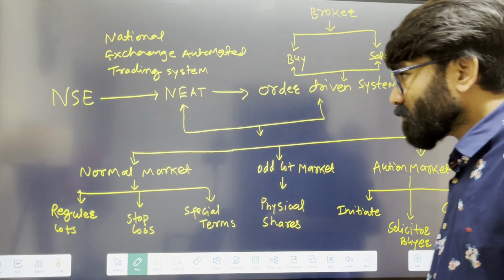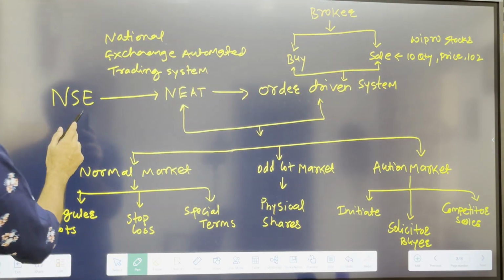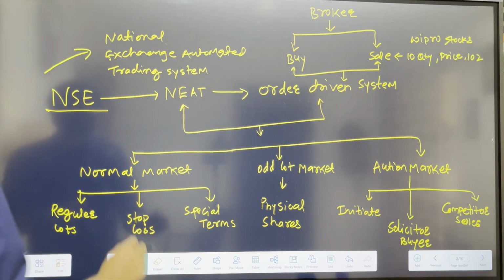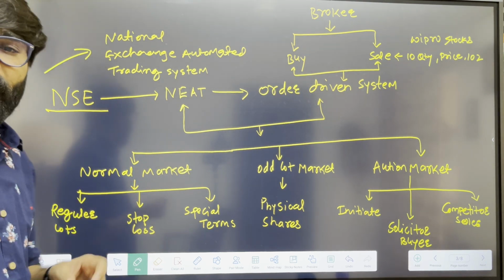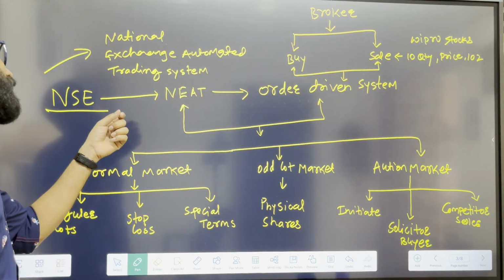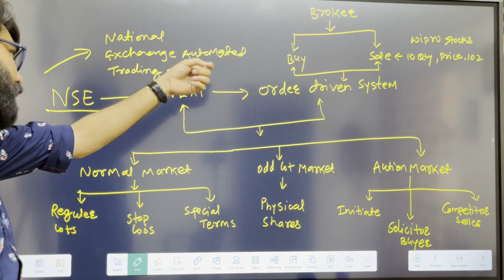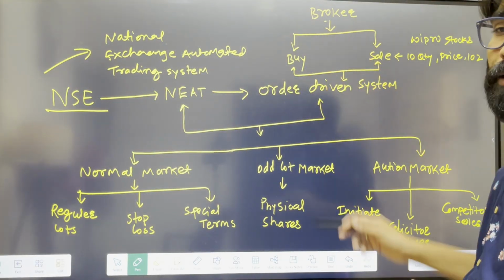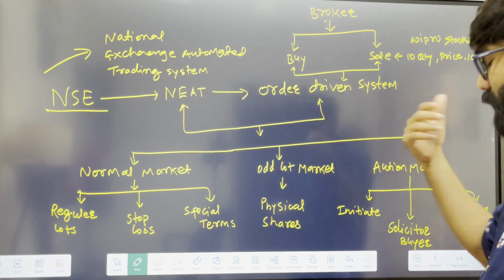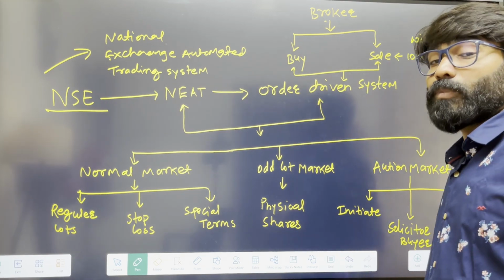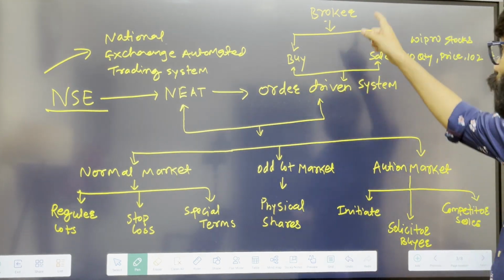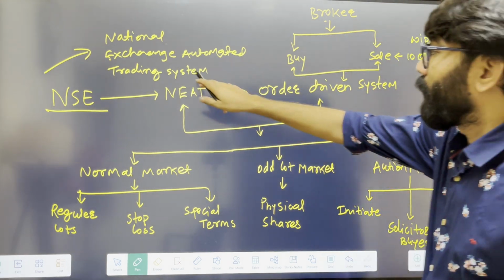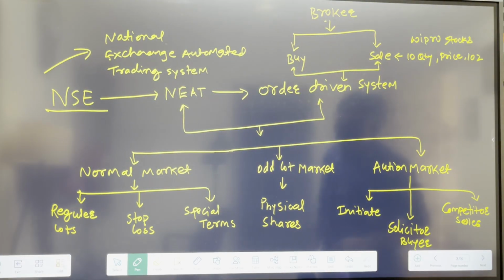If I take you ahead, let's take the example of NSE. NSE has one more system, that is the National Exchange Automated Trading System. Here, buyer and seller go through a broker, so you need to open the trading account. Of course, you will have to open an account with the broker, and once you open the account, through the broker, the buyer and seller send the orders to the National Exchange Automated Trading System.